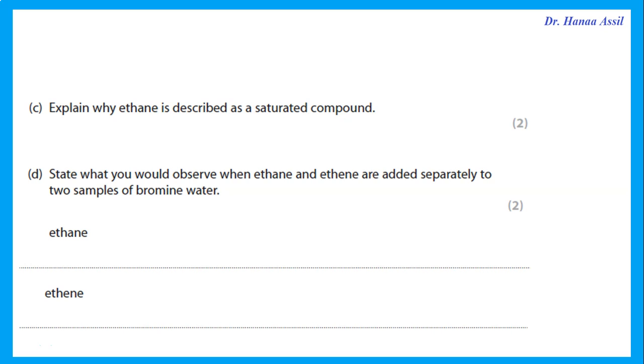Explain why ethane is described as a saturated compound. This is ethane. Why do we say this is saturated? We refer to an organic compound as saturated because it has only single bonds between the carbons, no double bond between the carbons.